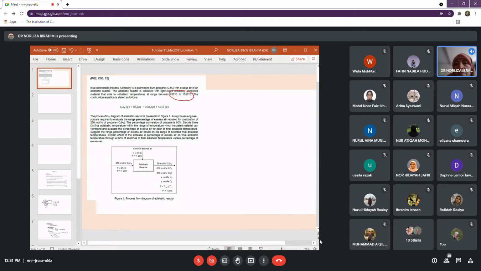Okay, so you have to choose your own three final adiabatic temperatures. This is actually a sample of the final assessment during ODL. So the question is quite different from the normal face-to-face question. So these three temperatures you have to select.